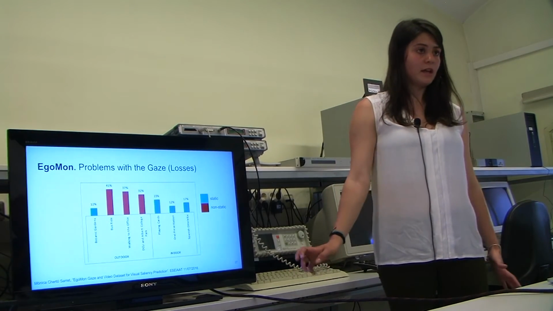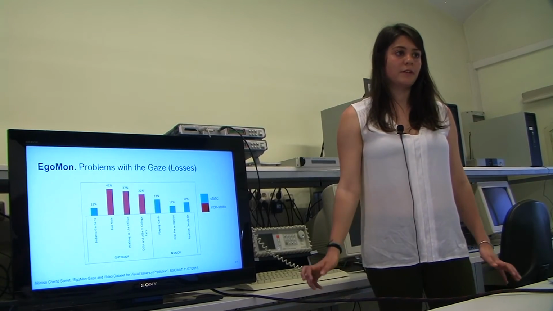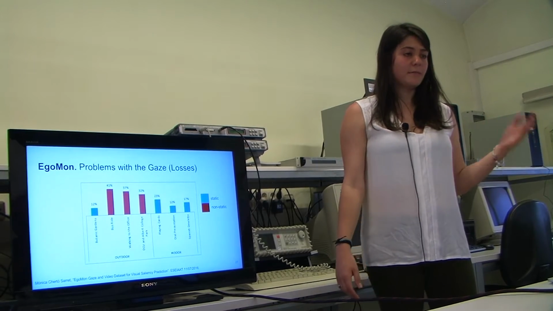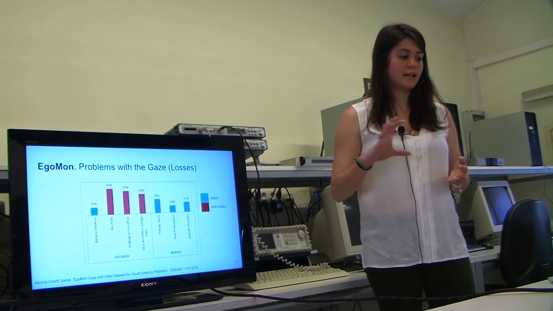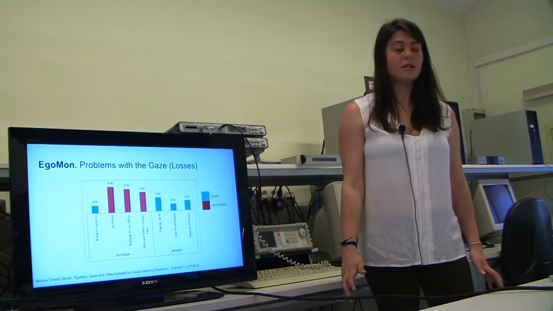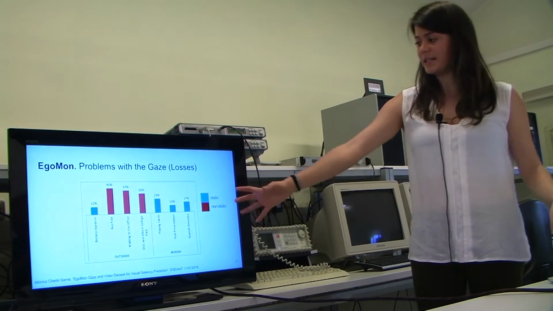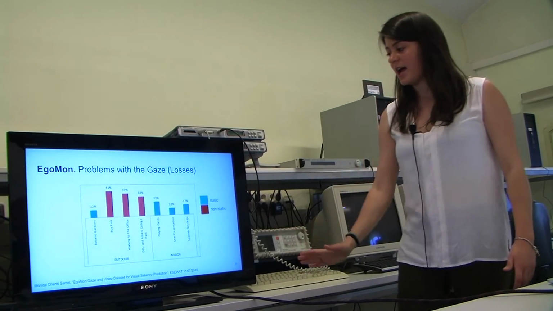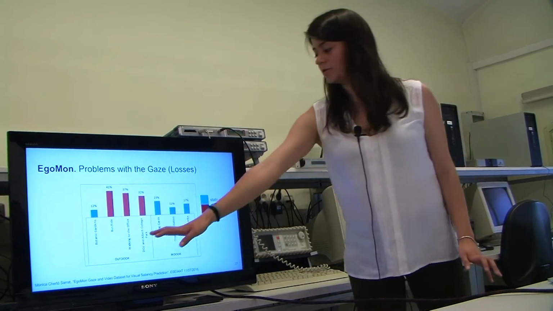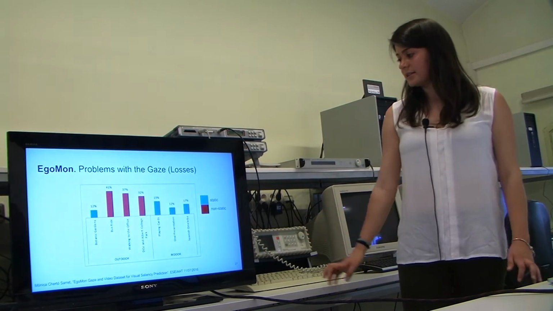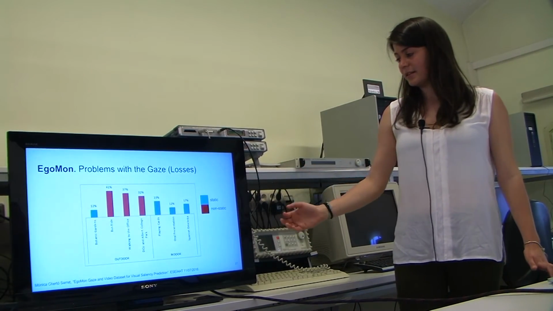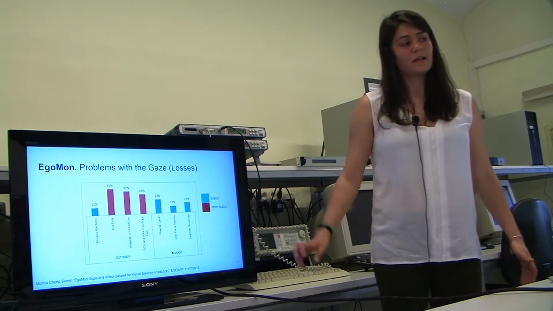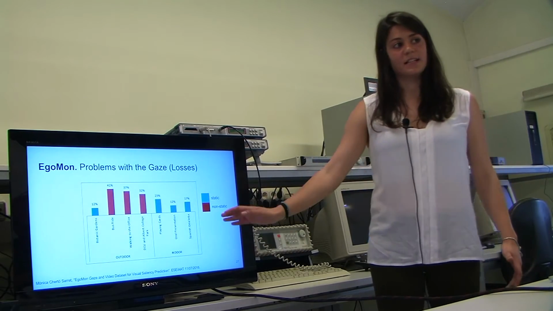Okay, as all these videos were recorded in different types of environments and movements, it means that maybe in some parts of the videos there can be some losses with the gaze data. Here we can see the percentage of the losses in each one of these videos. First of all, we divided the videos into outdoor and indoor environments, but here we can see that the non-static videos can have more losses than the others.